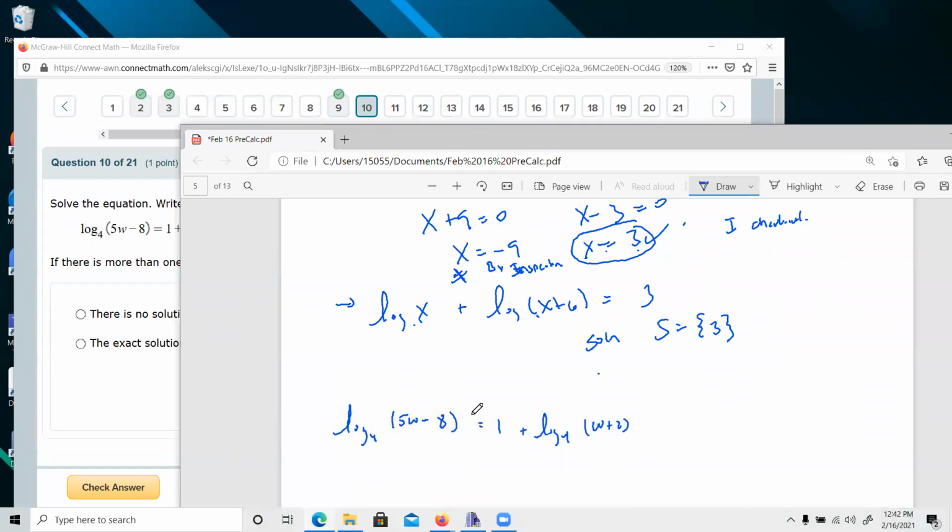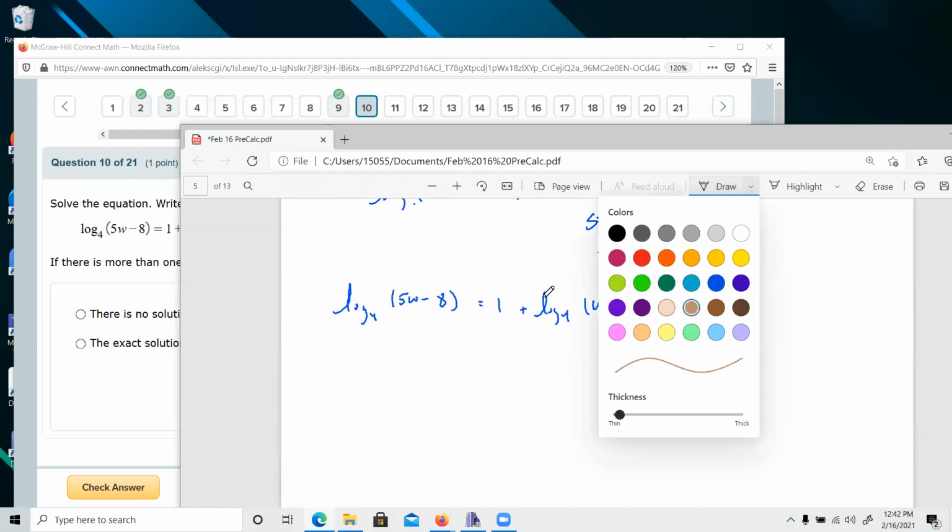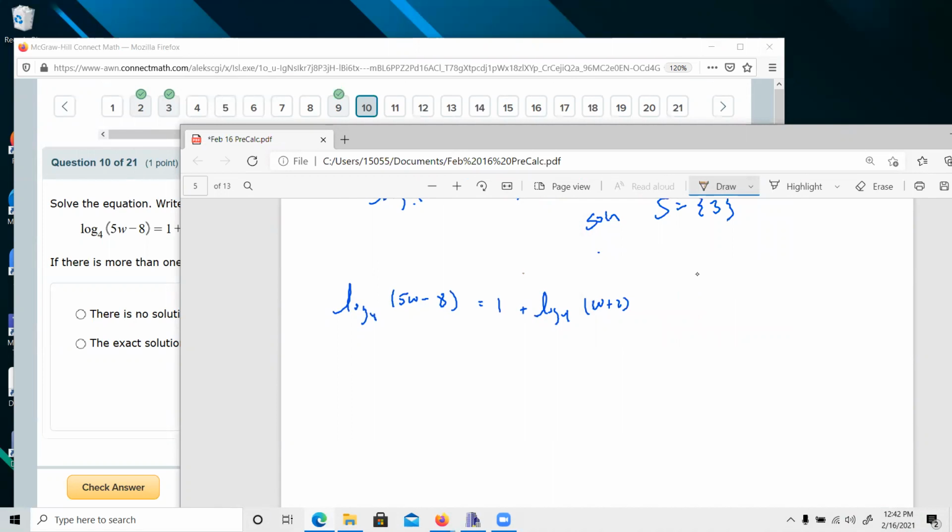Okay. So again, let me show you the wrong way to do this. Well, it's not wrong. It's just a little bit more involved. I would not expect students to pick this one up. So this is log base 4 of 5w minus 8. If you want to unlogify right away, we have to deal with an exponent here.